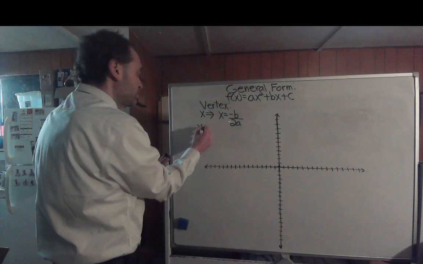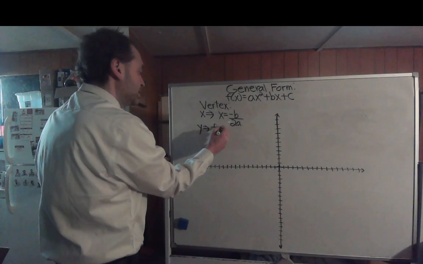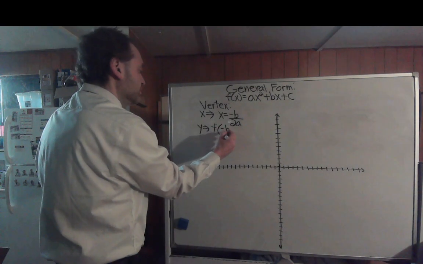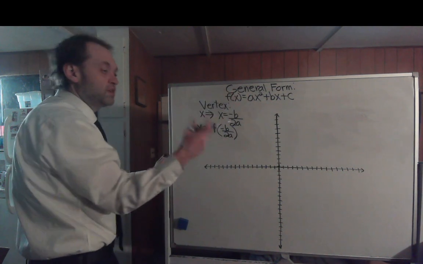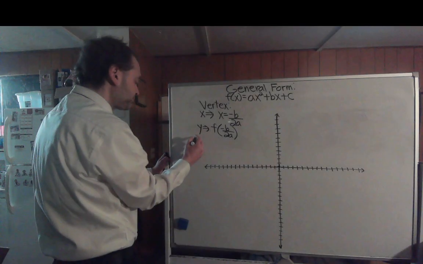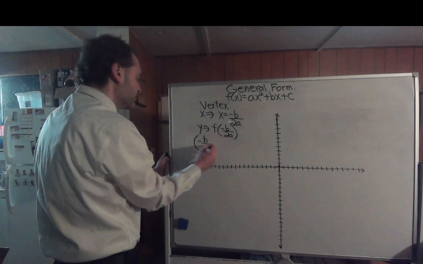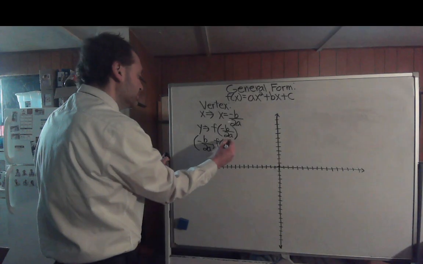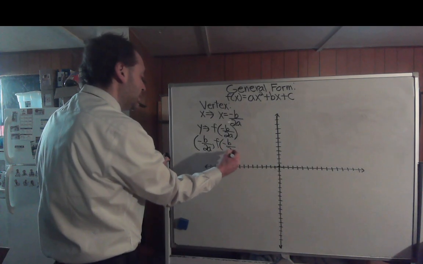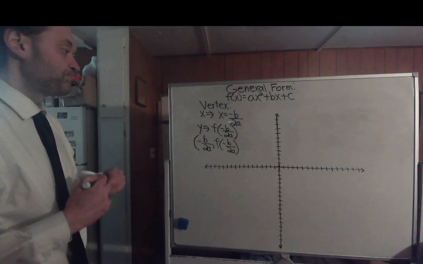Then your y coordinate is simply going to be f of negative b over 2a. You'll take that negative b over 2a, put it into the function and find the y value. So the coordinate would be negative b over 2a, f of negative b over 2a. That is the coordinate of your vertex.